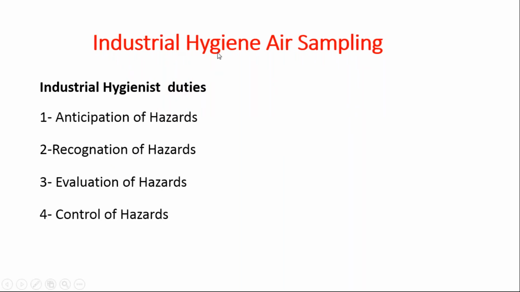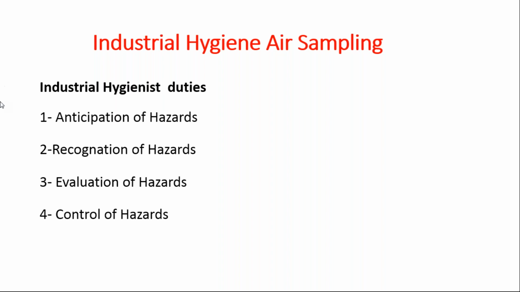Okay, next slide is about industrial hygiene sampling, that is, duties of industrial hygiene. Our modern industrial hygienists perform four types of duties. When he is working as a consultant and wants to solve the problem of his client, he will normally follow these four steps.